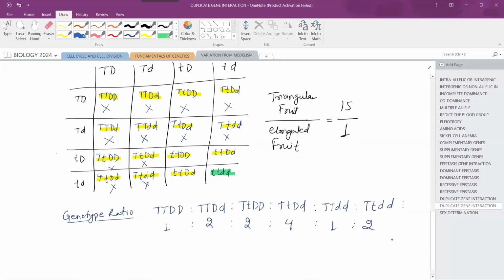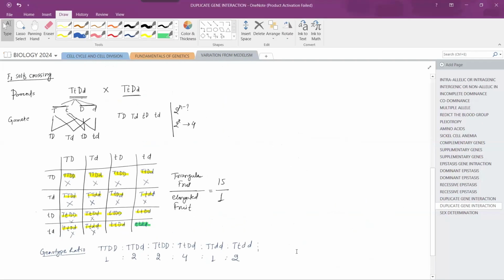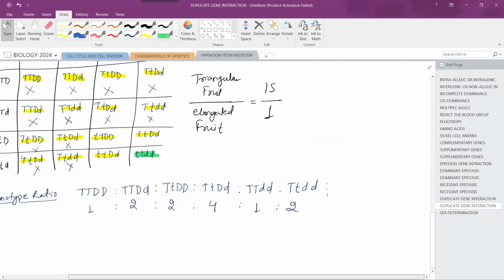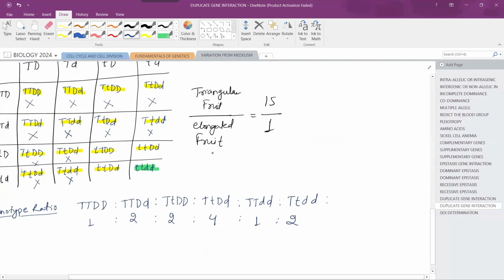Next, this one, small d, small t, capital D, 1, 1 only.